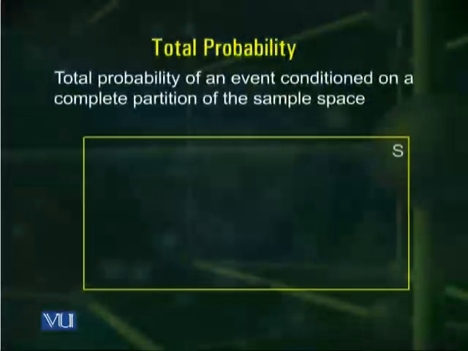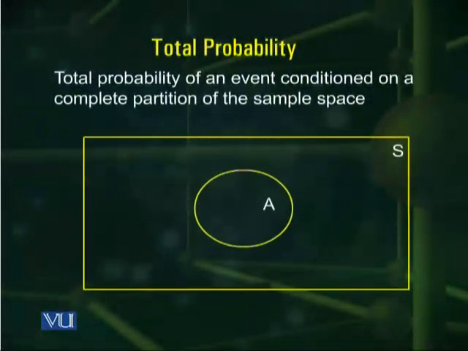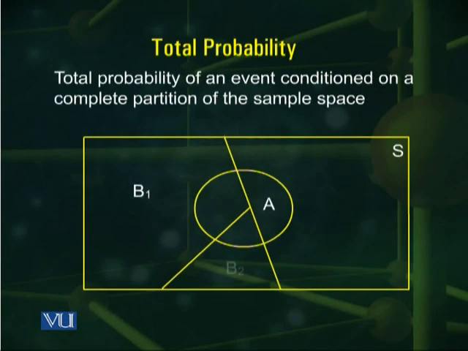So you partition the sample space into multiple sub-regions, and you take an event and you condition that event on this partitioned sample space, and then you can see, as shown in this slide, that this leads to a very interesting sequence of operations.